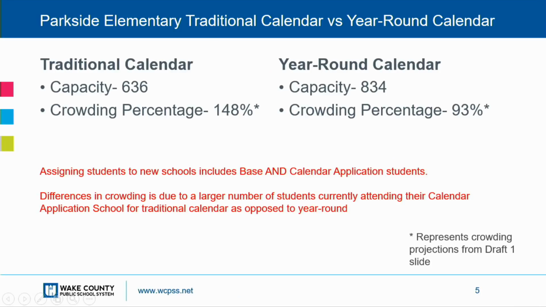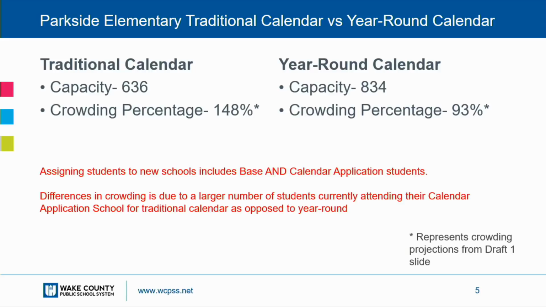So, Parkside as a traditional calendar school versus a year-round calendar school. When you look at the base attendance area and the number of students and the growth in the area, the capacity for traditional would be 636, and based on the proposed application area, the crowding percentage would be 148%. As a year-round school, we'll pick up an additional 200 seats, and the crowding percentage is expected to be 93%.